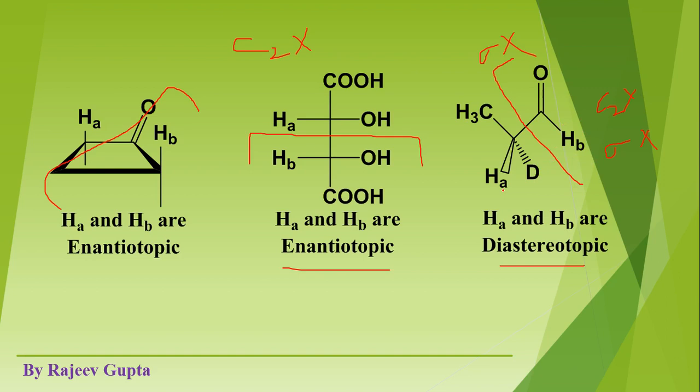Okay, these will be constitutional isomers. So actually those isomers are not mirror images, so actually these Ha and Hb are constitutionally diastereotopic. Okay, specifically we can use that term as I explained in a previous lecture.